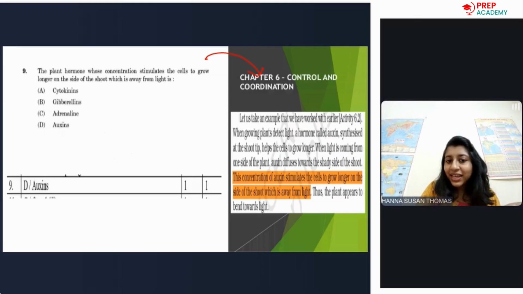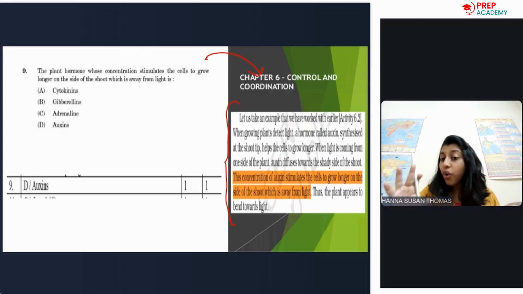And you can see a screenshot that I have given here with a highlighted sentence which states that the concentration of auxin stimulates the cells to grow longer on the side of the shoot, which is away from light. So, is there any deja vu hitting you?